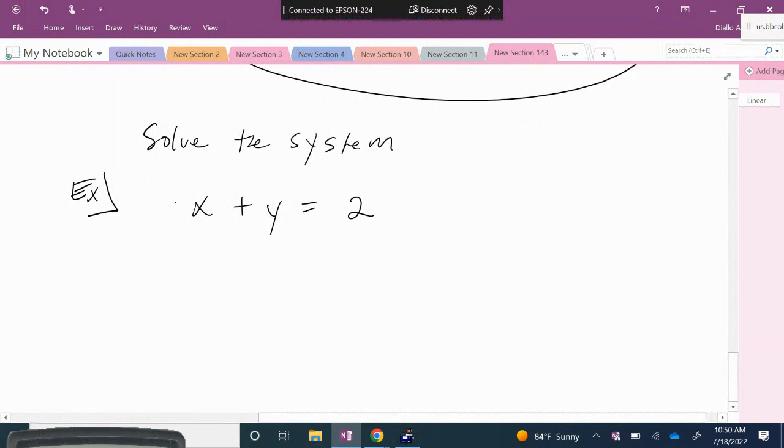And then for my second equation, I'm going to use 2x plus 2y is equal to 4. All right, so we're going to solve this system of equations in 2 variables.